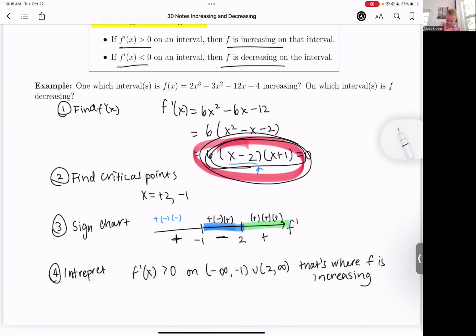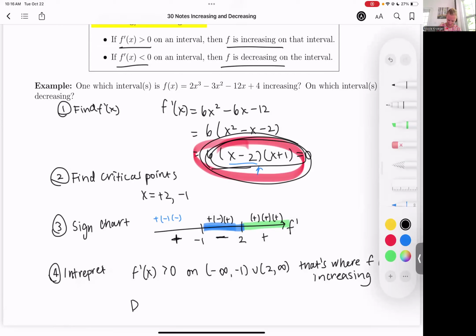And f will be decreasing where the derivative is negative. So f is decreasing on the interval from -1 to 2. Again, noticing that I am making those open intervals. I'm not including any of those endpoints because at -1 and at 2, my function is neither increasing nor decreasing.